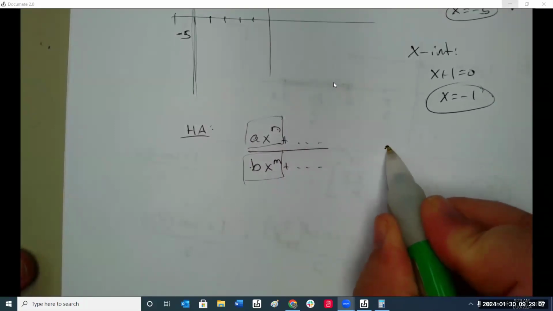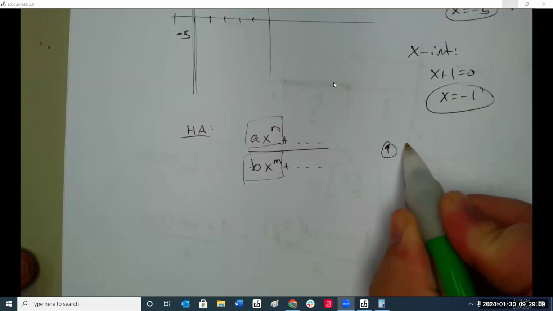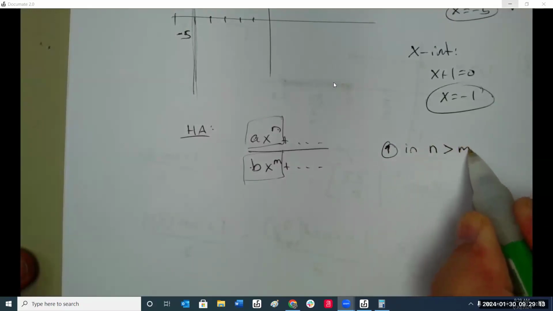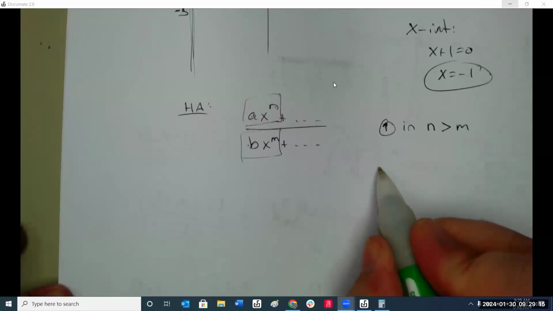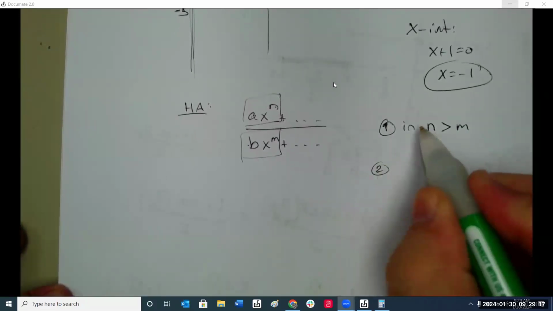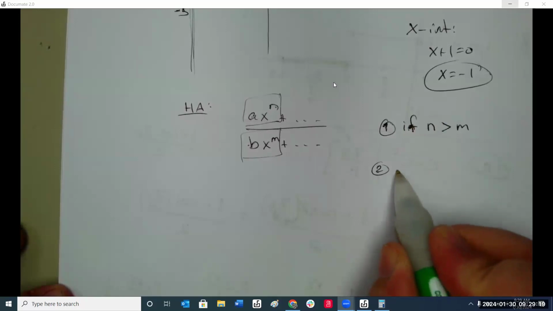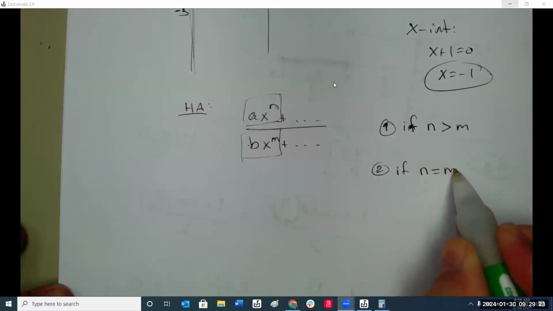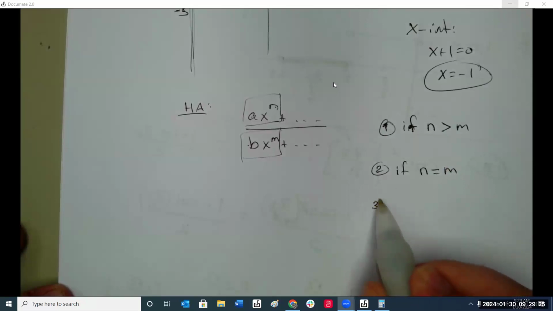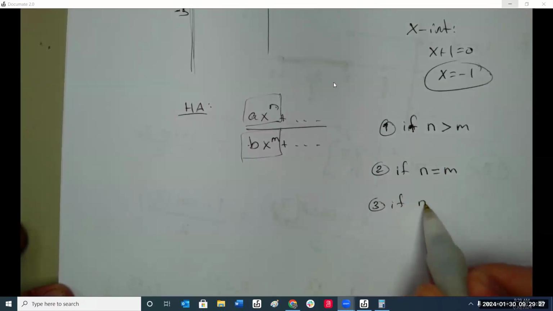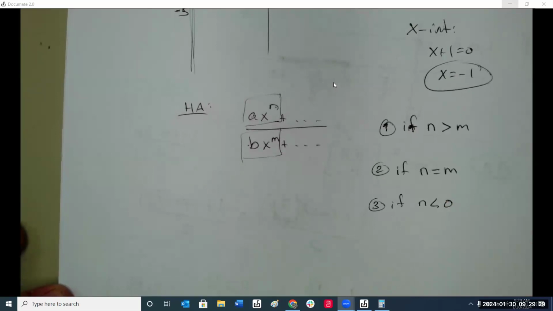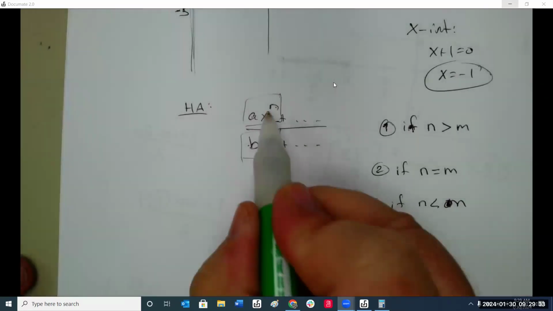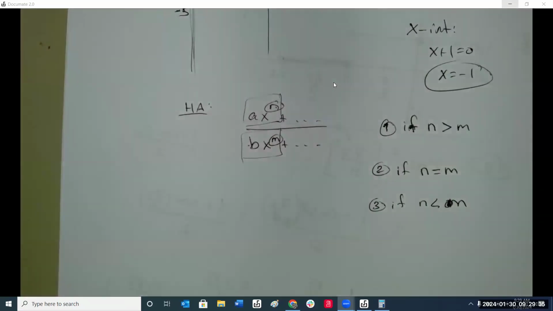Three things can occur. If the top exponent is bigger than the bottom, if the top exponent is equal to the bottom exponent, and if the top is less than the bottom. So it's compare the exponents.